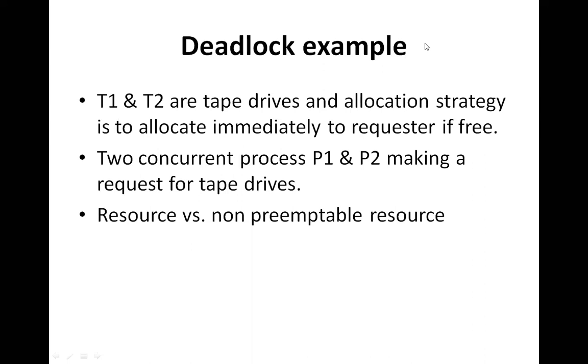For example, a printer is a non-preemptible resource, because taking the printer away from a process that has started printing but has not completed its printing job and giving it to another process is going to produce printed output containing a mixture of the output of two different processes. This is certainly not acceptable. So that is the meaning of a non-preemptible resource.